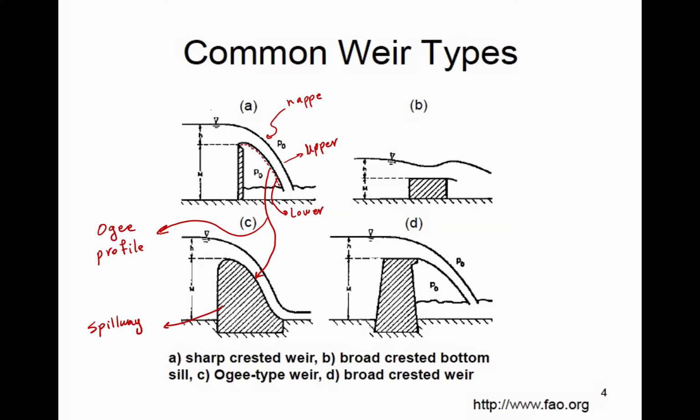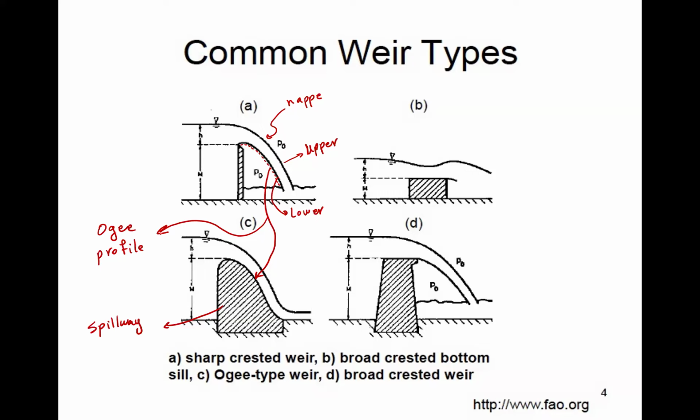Now, continuing on this, sometimes you might have a weir, a structure which has some thickness in the direction of the flow, like what we have in image B. In this case, unlike the previous case, the thickness of the structure in the streamwise direction is not negligible.